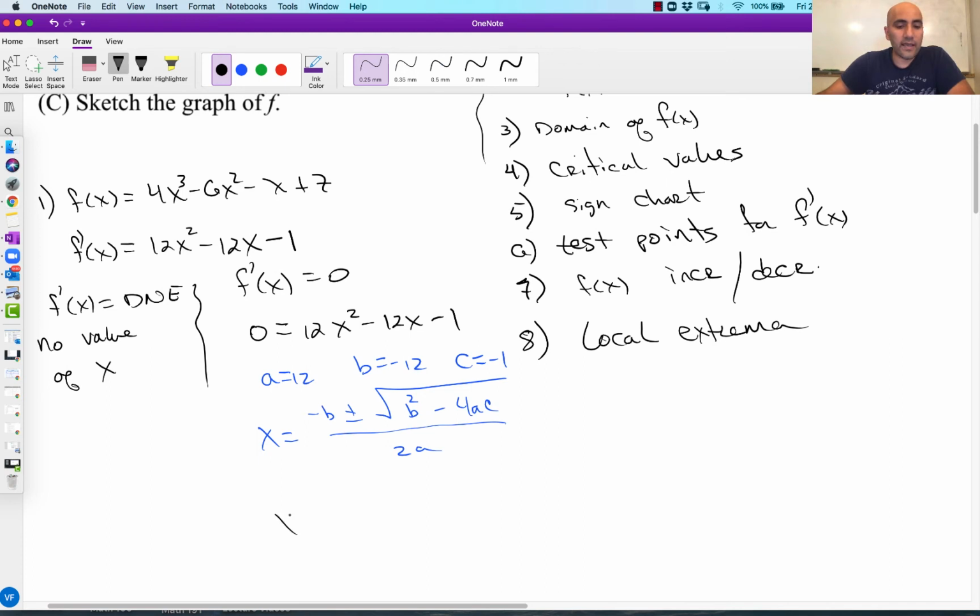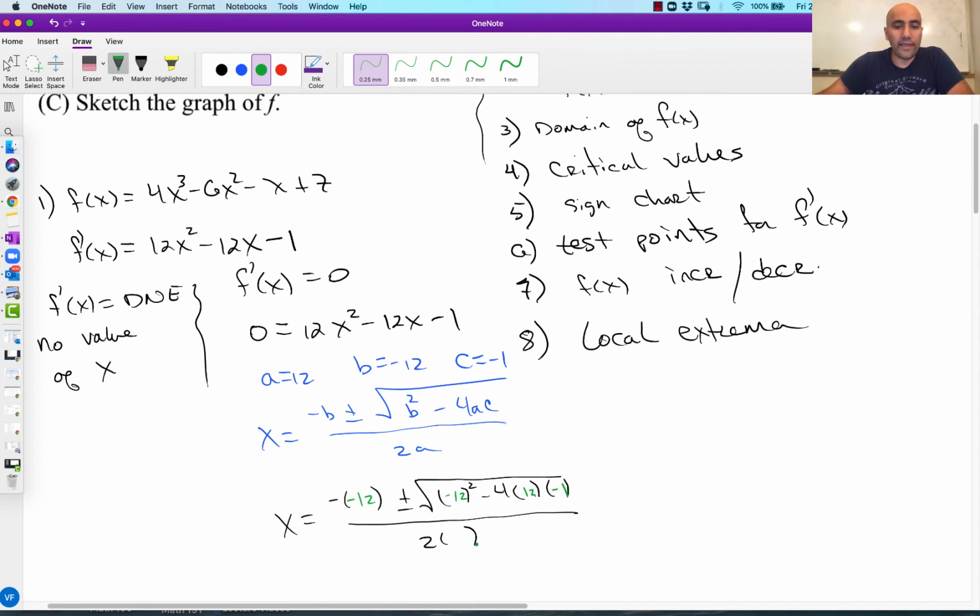Which means that x is equal to negative, well, let's put it in a different color. So I'll just put blanks there, and then it's going to be blank squared minus 4 times blank, all over 2 times blank. Okay, the role of b is being played by a negative 12, so that's going to be negative 12 there, negative 12 there. The role of a is being played by a positive 12. The role of c is being played by a negative 1.